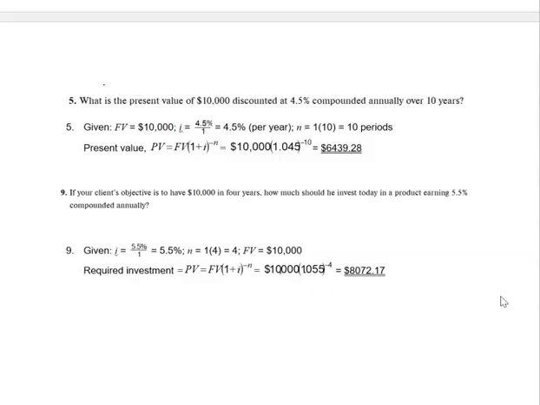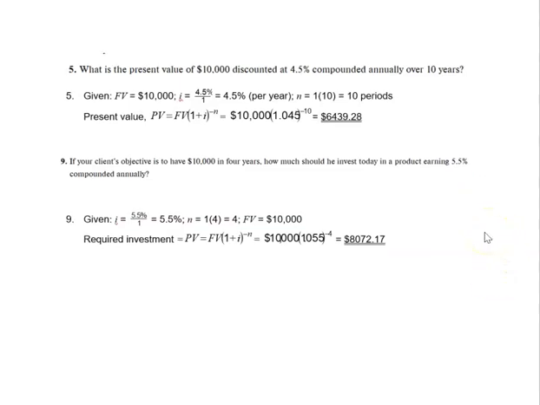As soon as we put in 1.045, we hit the y to the power of x button. Then we click 10. Then click the plus minus button. Then on your screen, you're going to see that it's now showing as a negative 10. And then we're going to hit equal. And that's going to give us $6,439.28.